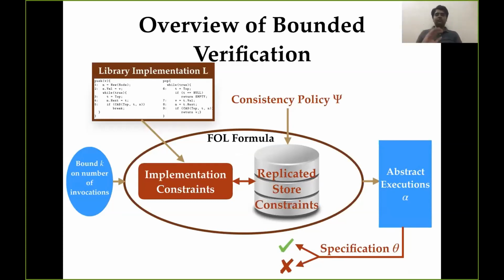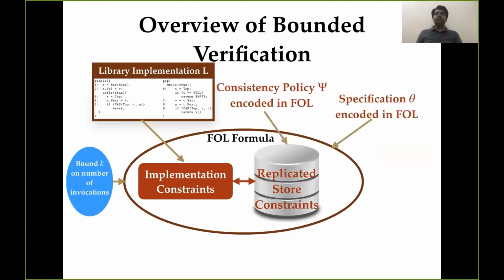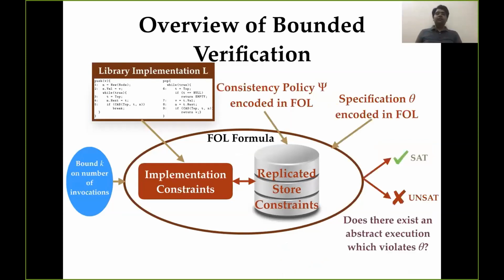These constraints are encoded in a first order logic formula. The consistency policy psi and specification theta are also encoded in the first order logic formula. And finally, we dispatch the resulting formula to an SMT solver. So this basically answers the question of, does there exist an abstract execution of size k which violates the specification theta?